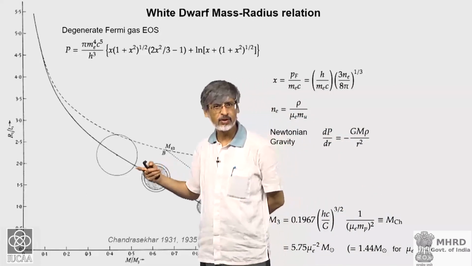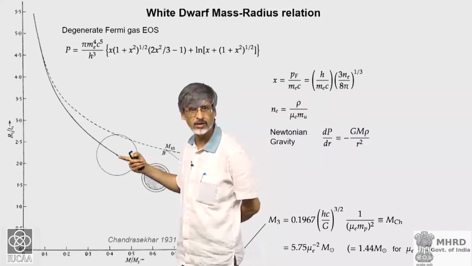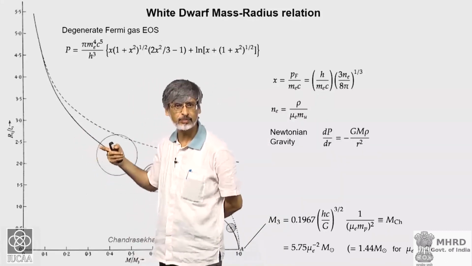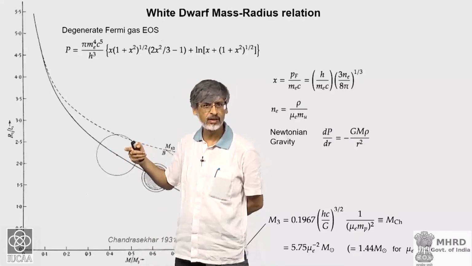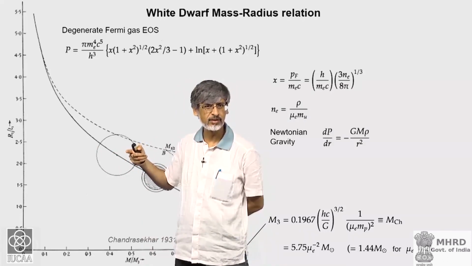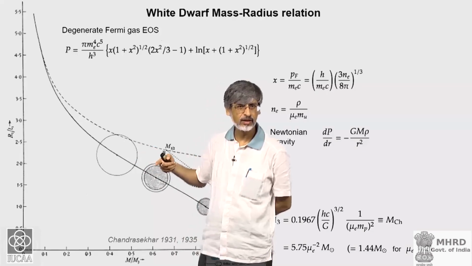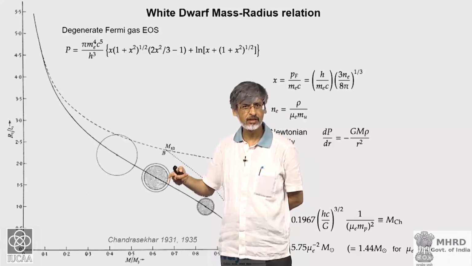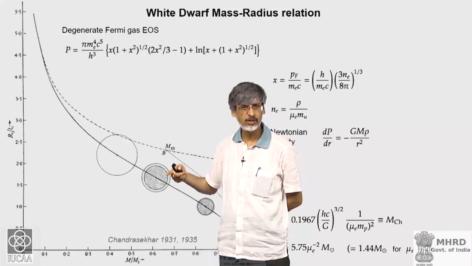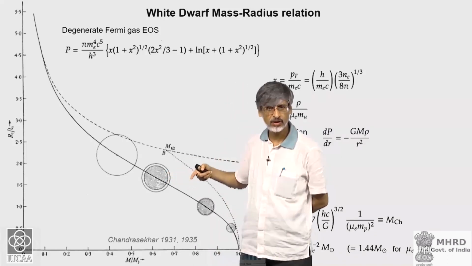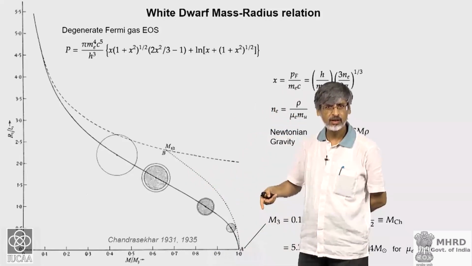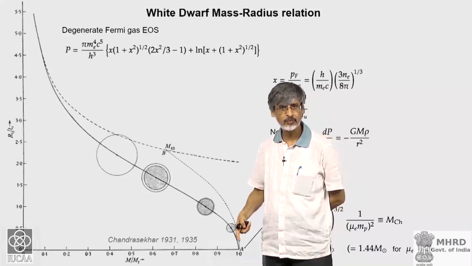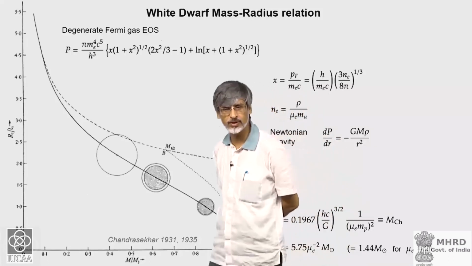So, initially for white dwarfs which are less massive in upper branch of this diagram, the relativistic core is imperceptible, but as you go to the heavier white dwarfs which are more dense, the portion of the core which is relativistic grows, and eventually by the time you reach the end of this curve, the entire white dwarf has become relativistic.